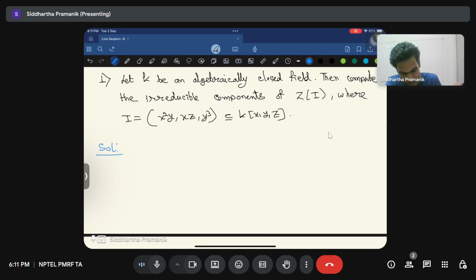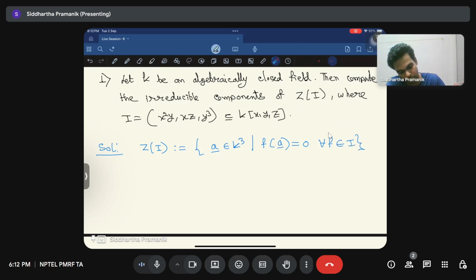So first, let's recall the definition of Z of I. Z of I is basically, in this case, all a belonging to K power 3 such that f of a is equal to 0 for all f belonging to the ideal I. So all f means all polynomials belonging to ideal I. If f is a polynomial in I, it is in this ring K[x,y,z].